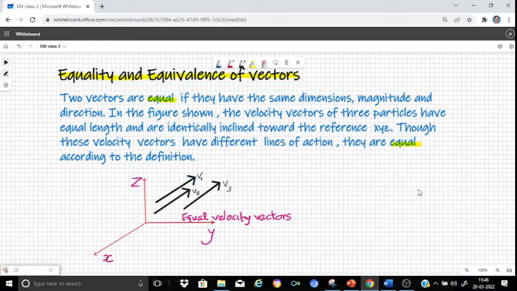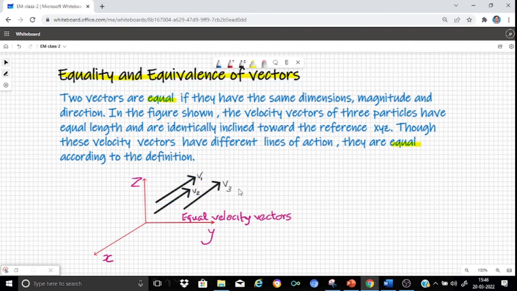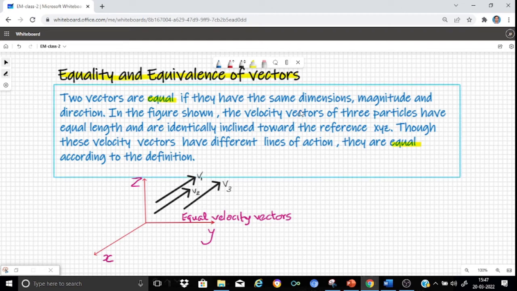Now, though these velocity vectors have different lines of action, they are equal. Remember that v1, v2, and v3 have different lines of action, as demonstrated in the sketch. In spite of that, they are equal because they satisfy the basic three criteria: the same dimensions, same magnitude, and same direction.